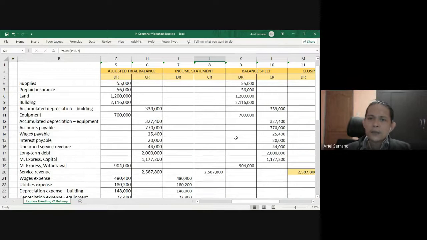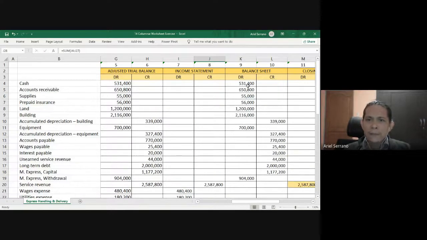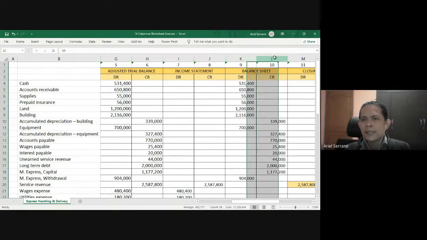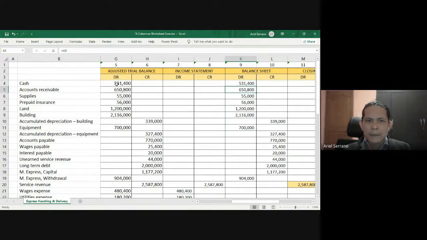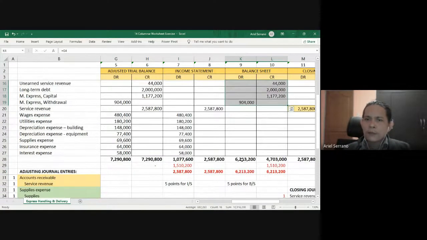Now, the same with your balance sheet. You just have to pick up the amounts from your adjusted trial balance and move them to columns 9 and 10 for the debit and credit side. Okay? 531, 650, simply a copy of these amounts here. Up to the withdrawal amount. Okay? Withdrawal row. So we just have to pick it. Okay? Now, same thing. You have to total them.